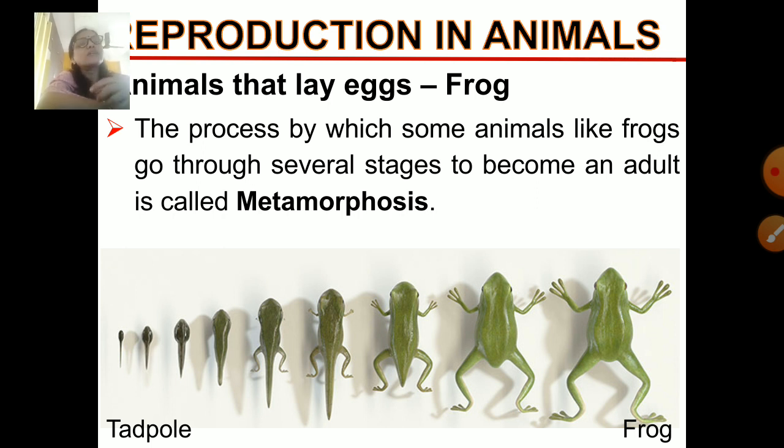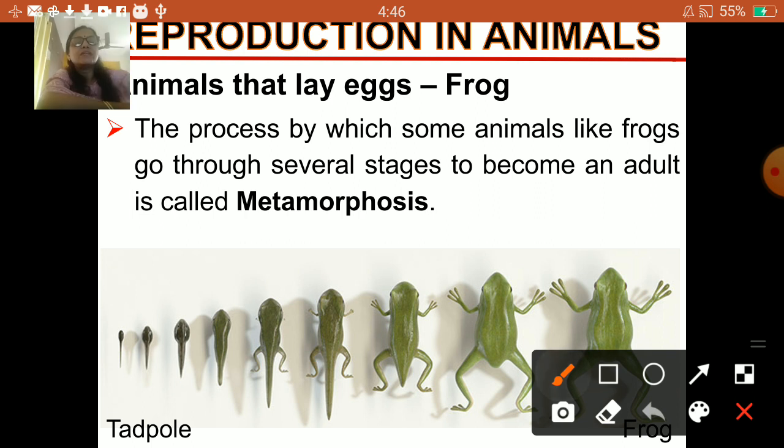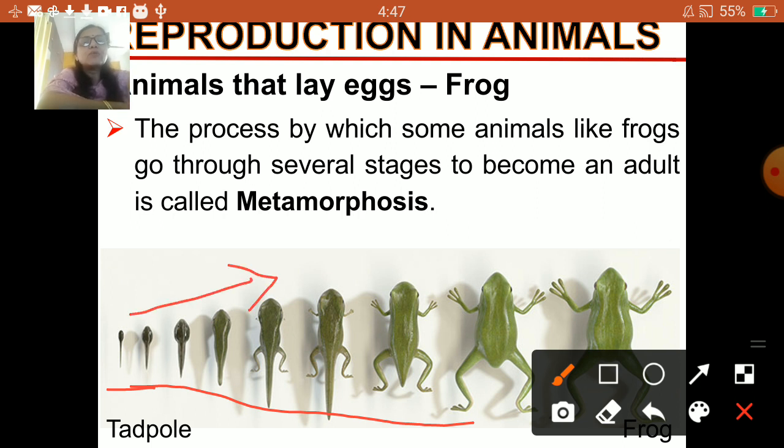The tadpole starts to grow legs. As you can see in the picture, this is a tadpole, and then you see all the pictures one by one. As the tadpole is growing, the tail becomes shorter and the legs are developed.